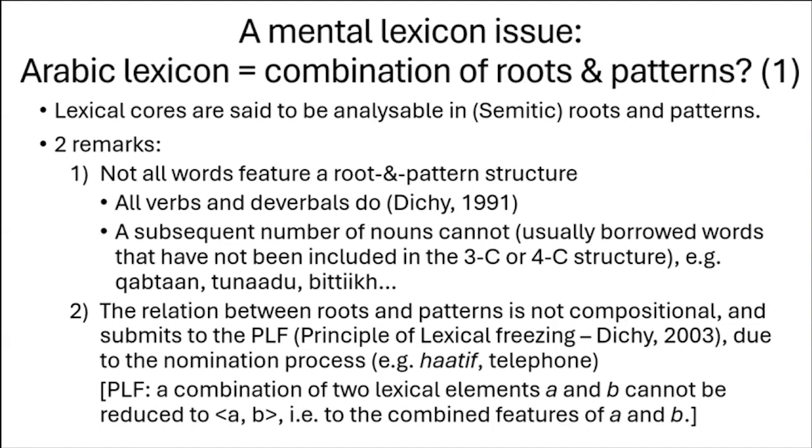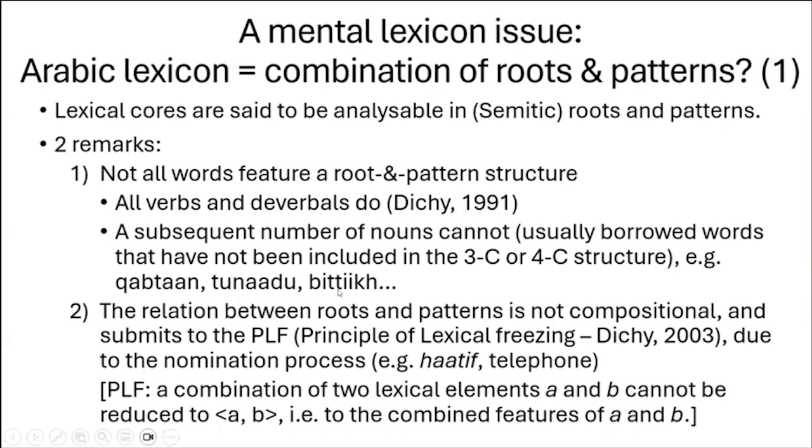They cannot be included in the three-consonant or four-consonant structure of the roots, such as captain, tornado, where the R is missing, tornado, which is a tornado in Arabic, bitir, which is watermelon, pastèque.